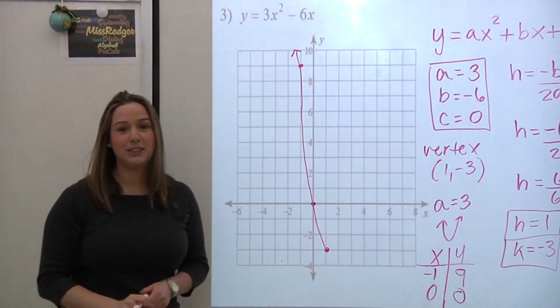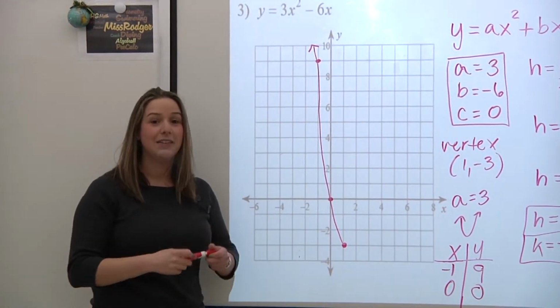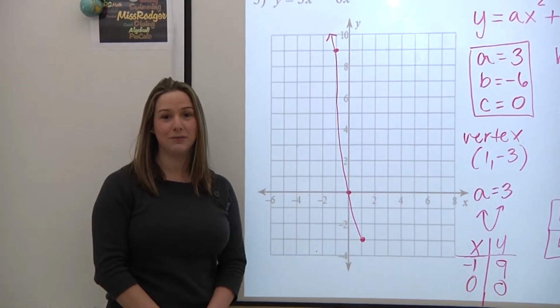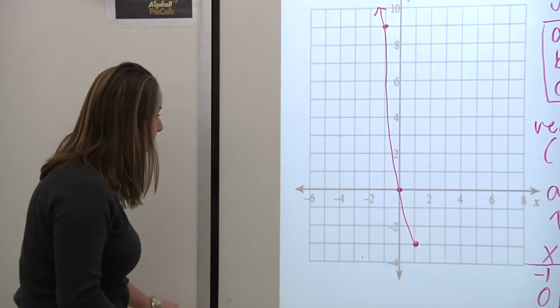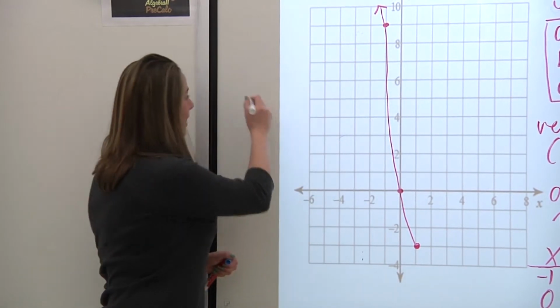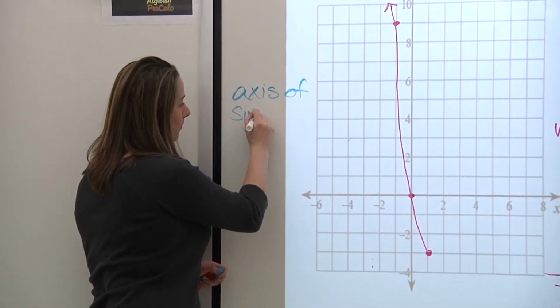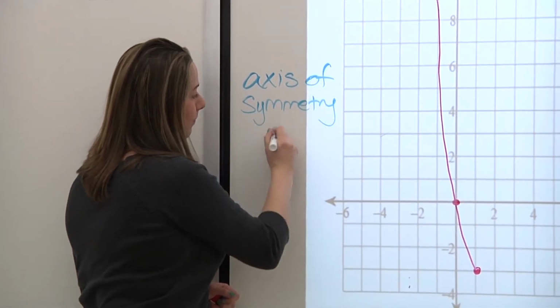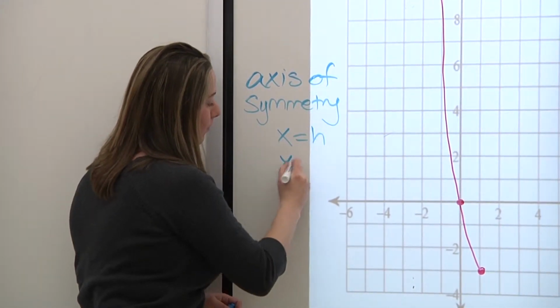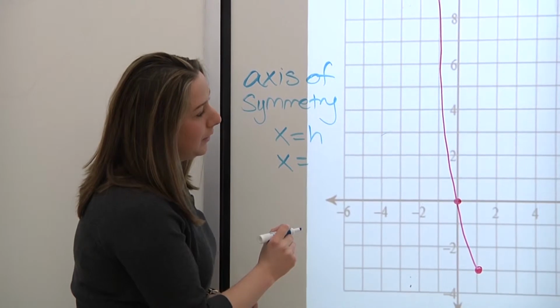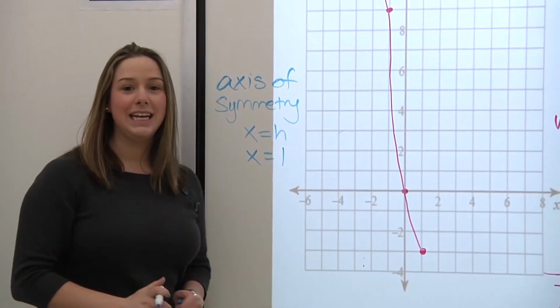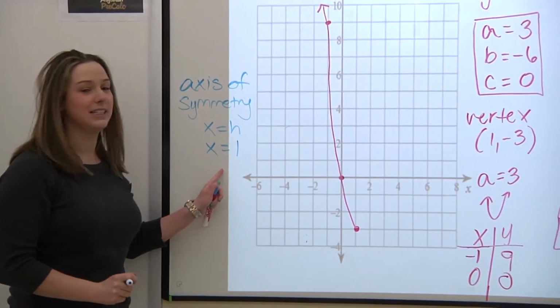In order to reflect, we use the axis of symmetry. The axis of symmetry is always in the form x equals h. Here, our axis of symmetry is x equals 1.